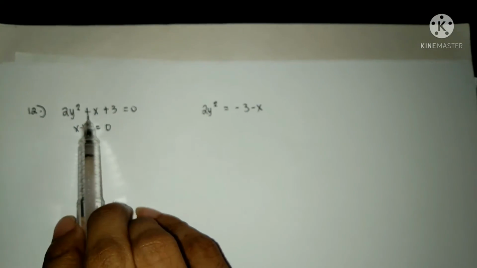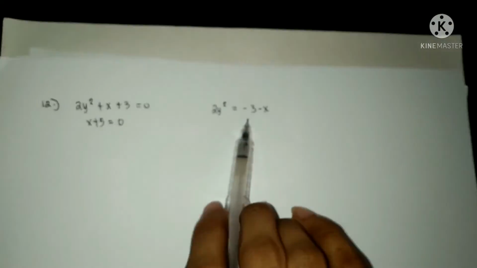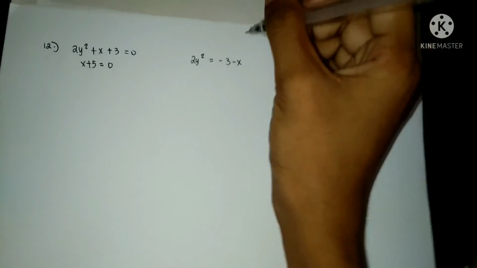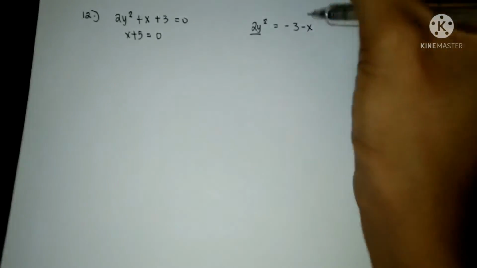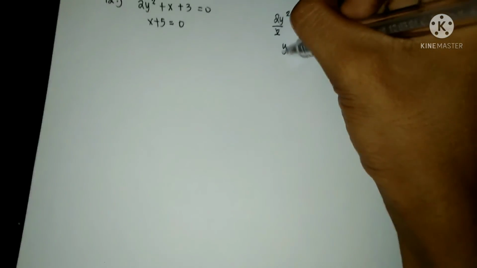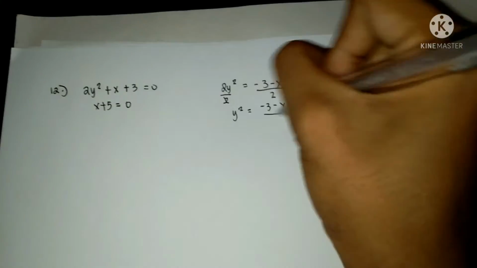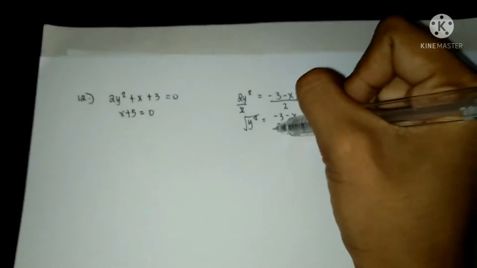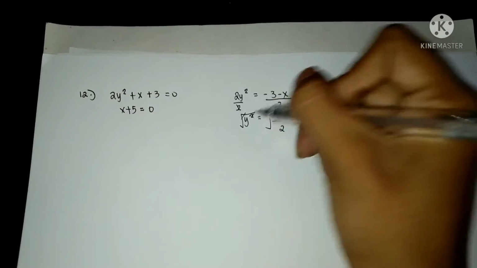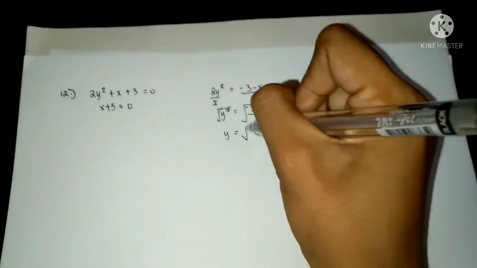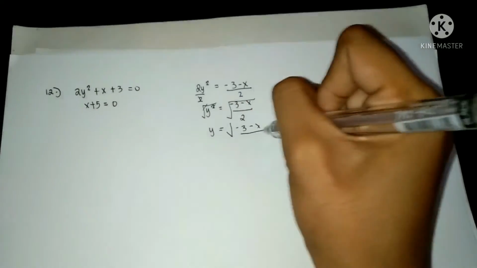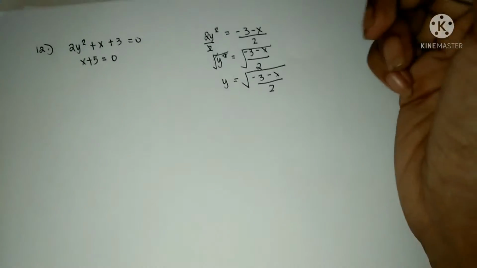I just transposed the positive x plus 3 to the other side, so it became negative 3 minus x. Divide both sides by 2, so y squared is equal to negative 3 minus x over 2. Take the square root of both sides, so y is equal to the square root of negative 3 minus x over 2.